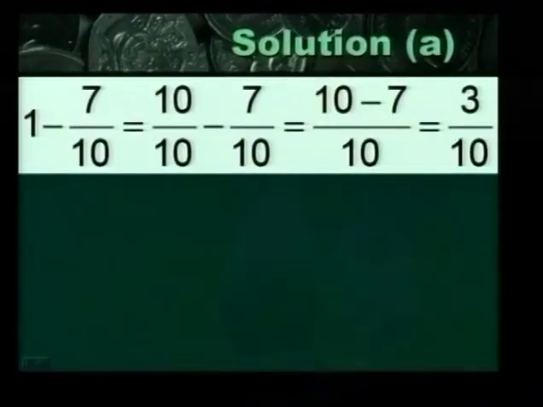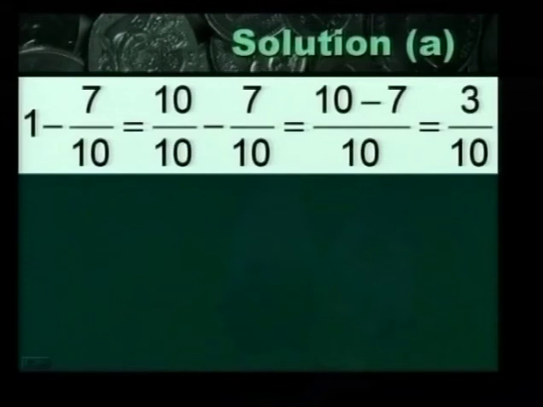Now, like for example, number 1 represents the whole of the earth, and you subtract 7/10 from it. The LCD for the whole number and 7/10 is 10. So 10/10, which is equivalent to 1 whole, is it?